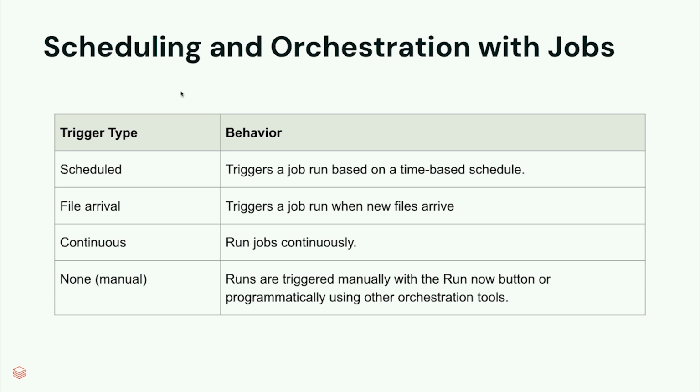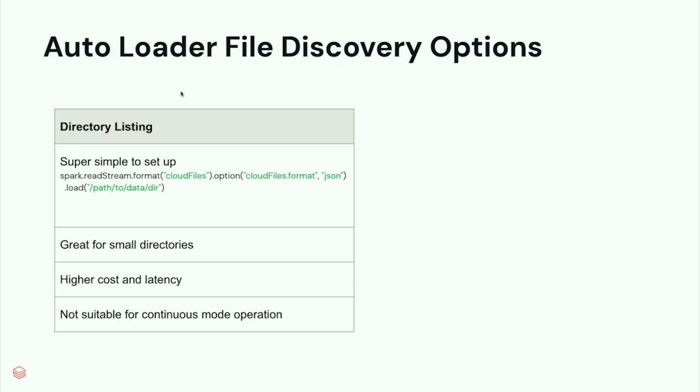And then the second is how do you discover the files? Autoloader provides today two ways to discover the files. One is through vanilla directory listing, which is very simple to set up. All it does is scan your directory in the cloud storage, find all the new files that arrived since the last time the query was run, and start ingesting those files.